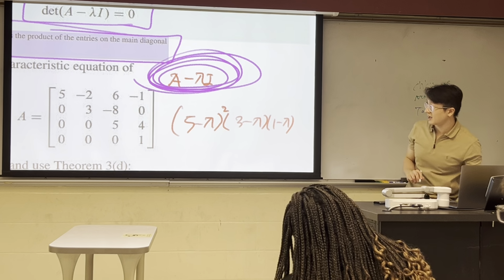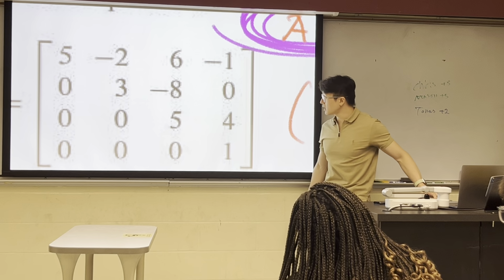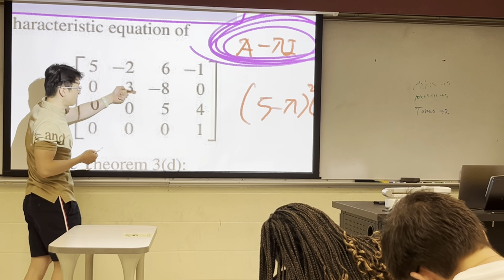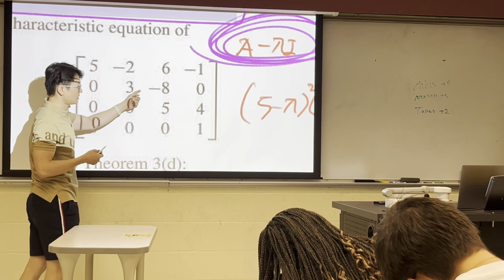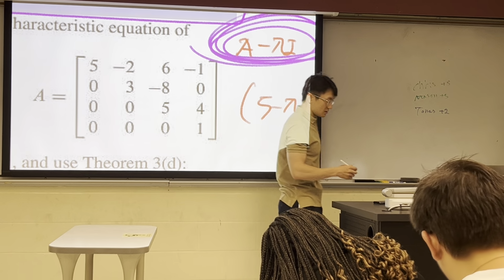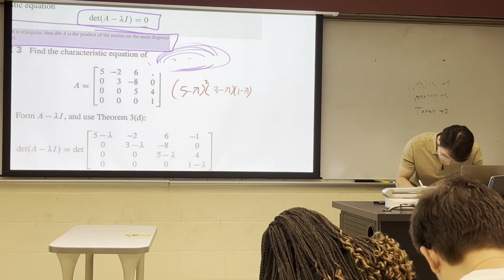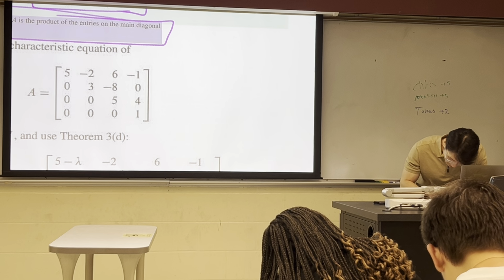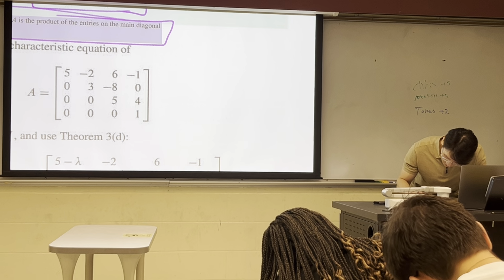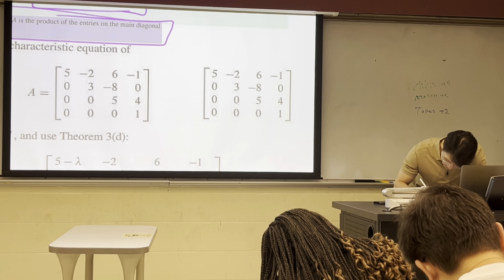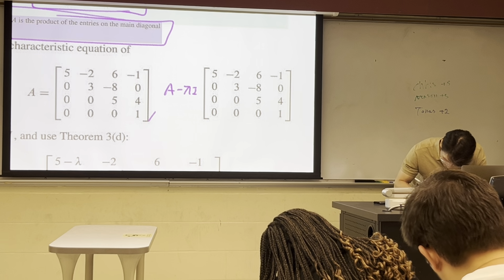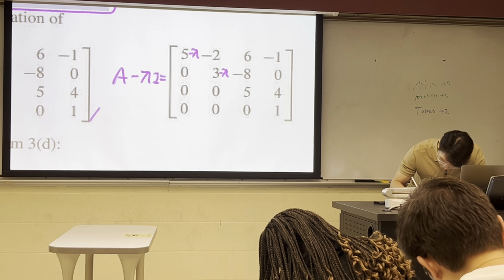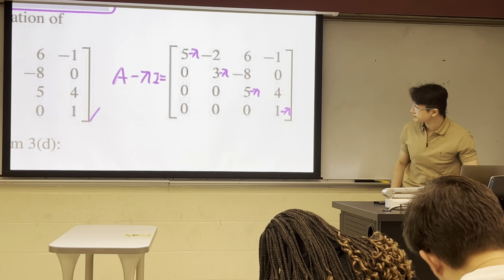So first of all, I want to write A minus lambda I. Lambda I just has lambda on the main diagonal, so minus lambda, minus lambda, minus lambda, like this. I want to copy and paste because I'm lazy. I write A minus lambda I, with minus lambda here, here, here and here.